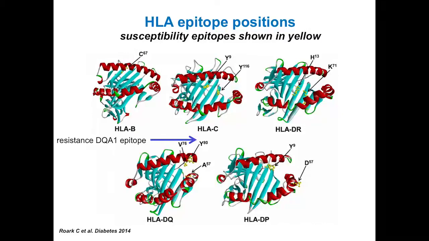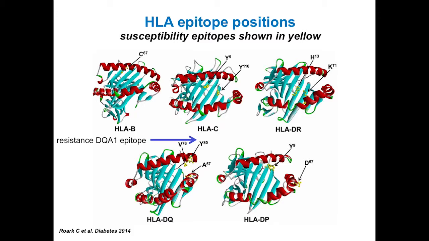Those 6 HLA molecules, DR, DQ, DP, A, B, and C, have been found to be associated with type 1 diabetes.